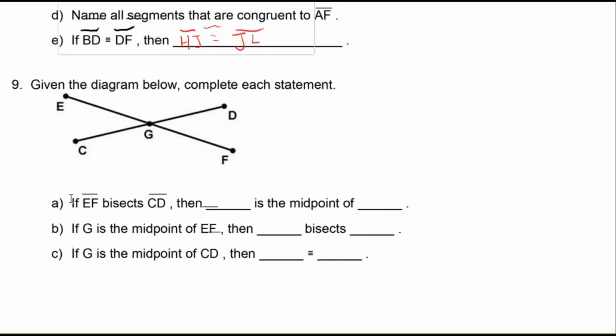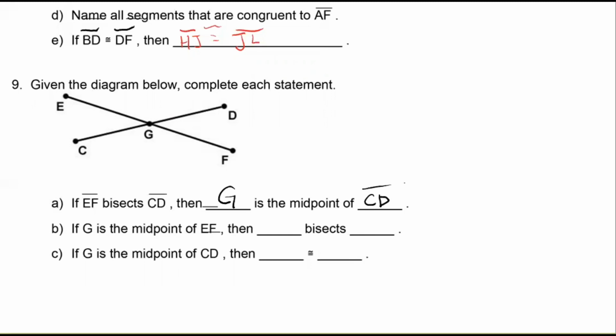So here, it's asking if EF bisects CD, so this is the middle of CD. It's just straightforward questions. You just have to read them. If EF bisects CD, then G is the midpoint of CD.